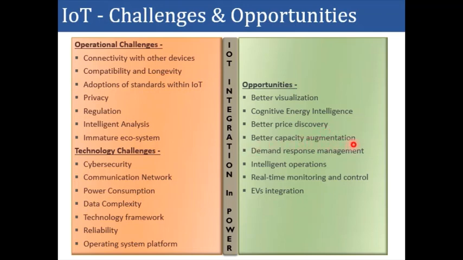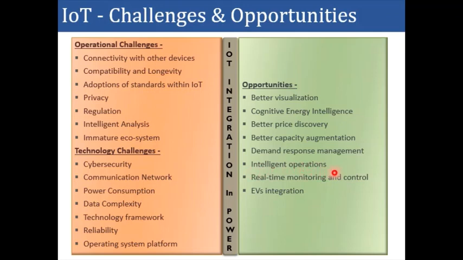Better capacity augmentation: since we can deploy demand response programs using IoT devices, the capacity can be better utilized. Demand response management can be implemented with the help of these devices.